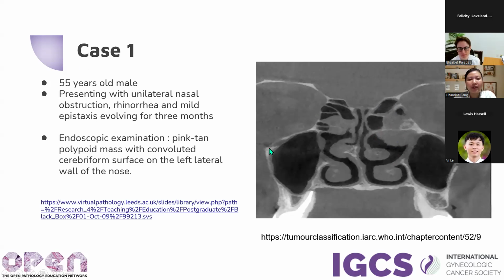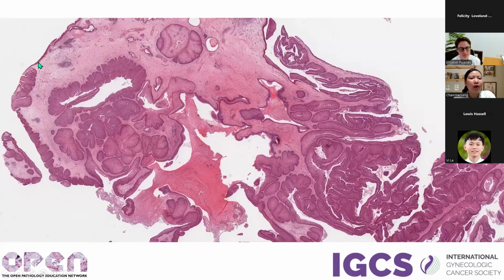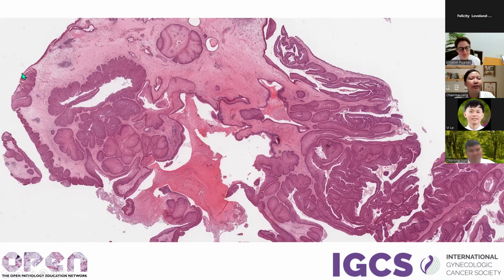For the microscopic, at low power, we see proliferative epithelial lesions that have a downward growth from the surface.